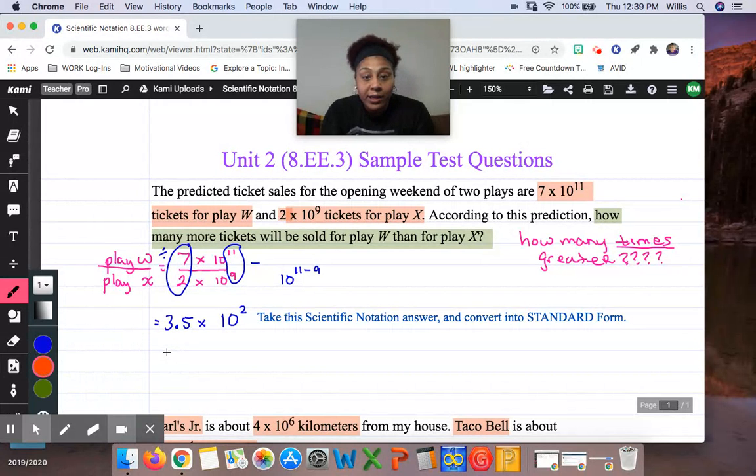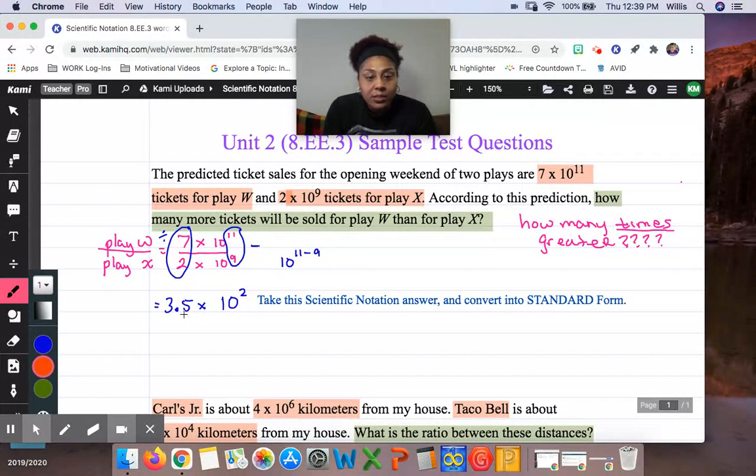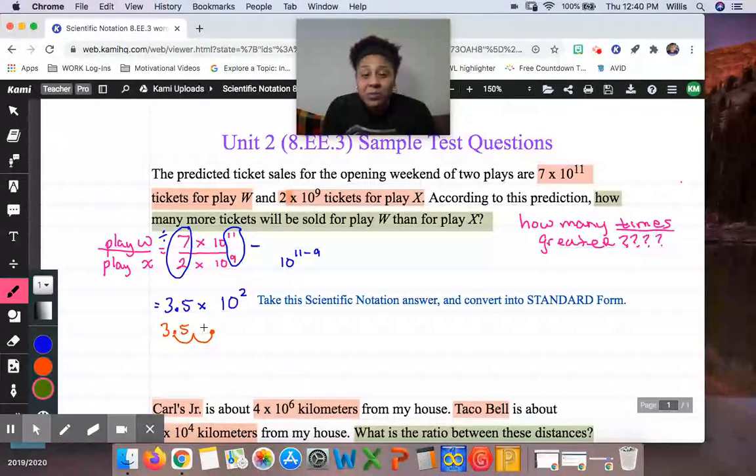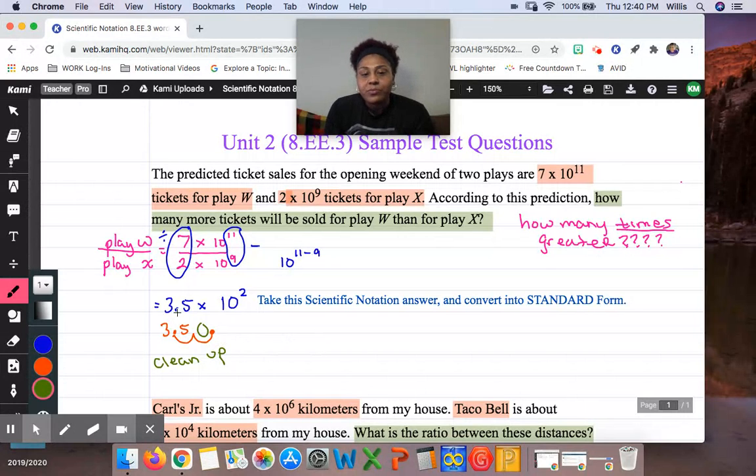So remember, by doing that, we just rewrite 3.5. Look at our exponent. It's positive. It's a 2. That means we're moving our decimal 2 times to the right. Once, twice, new spot. Any blank spaces you have, fill in with the 0, and then clean this up because it's too much going on. So then our answer is 350. So how many more tickets will be sold for play W than for play X?